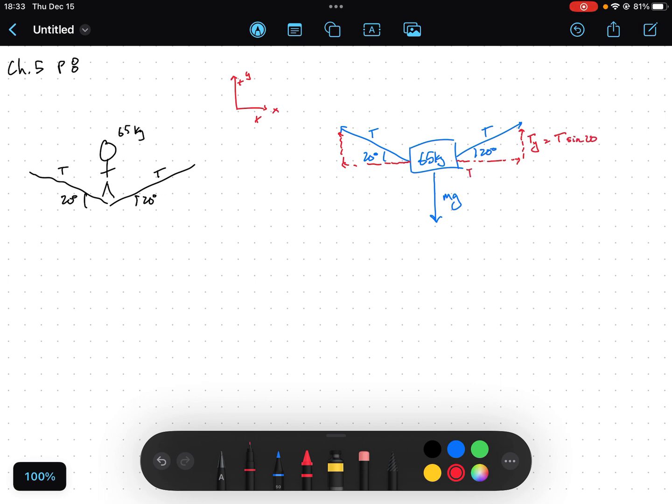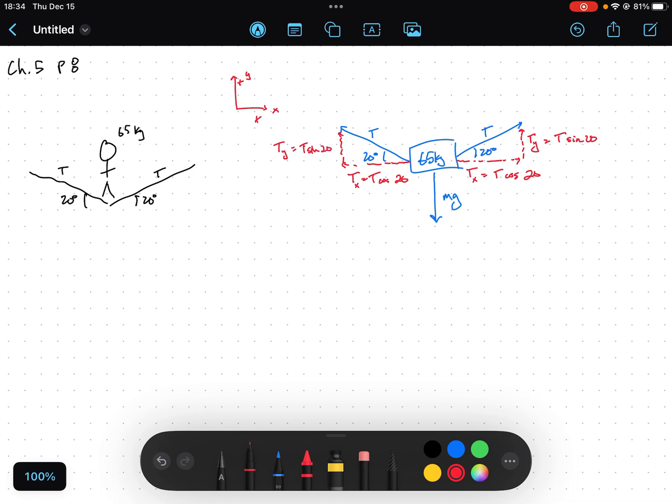And the x component is going to be equal to the overall force times the cosine of the angle. And since both of these tension forces are the same on either side of the person, they have the same equations and the same magnitude on both sides.